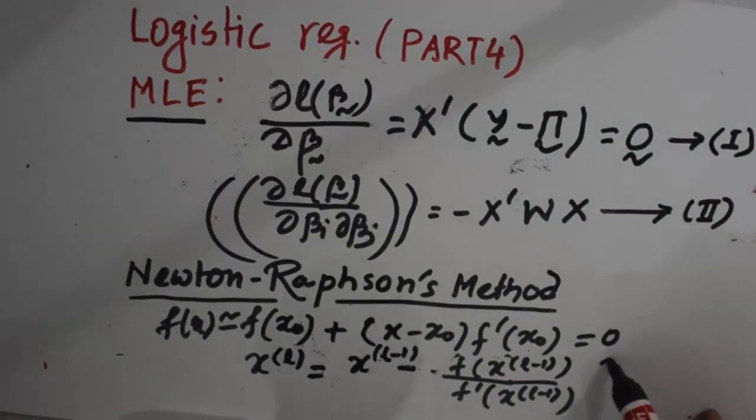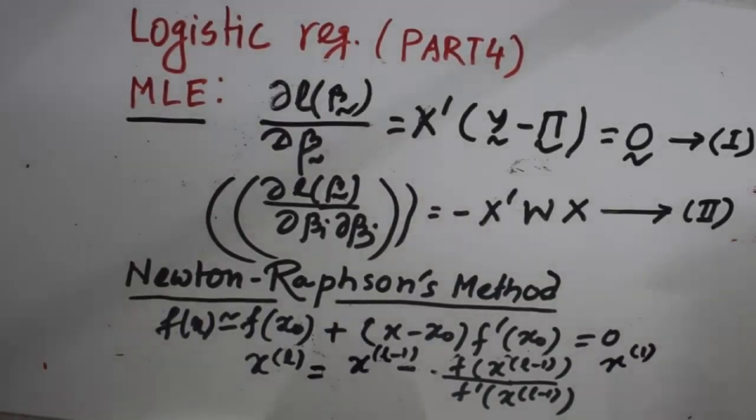So x1 is the first approximation. Similarly, using x1 we get the second approximation x2, and so on.